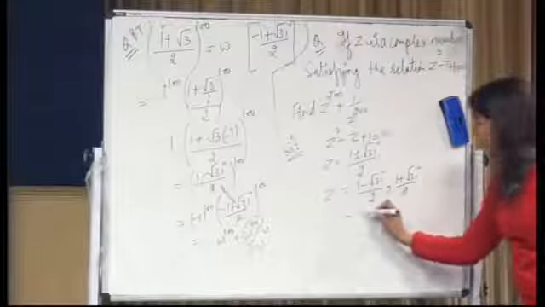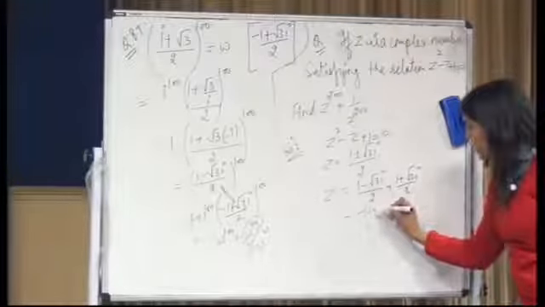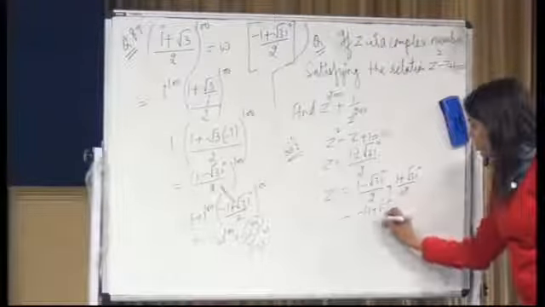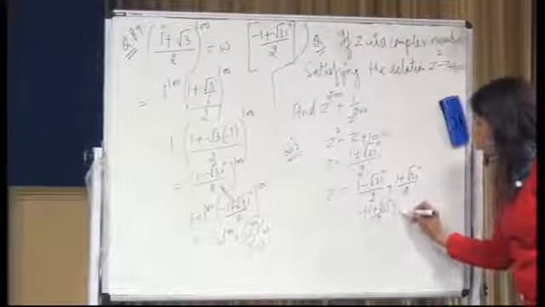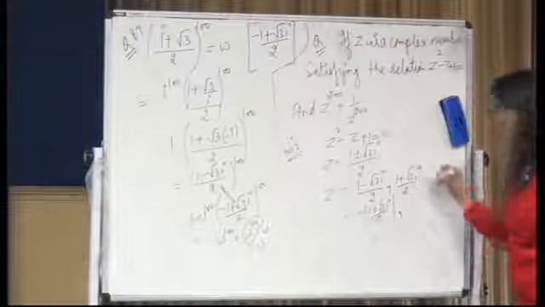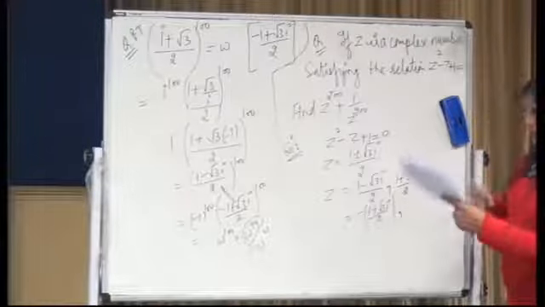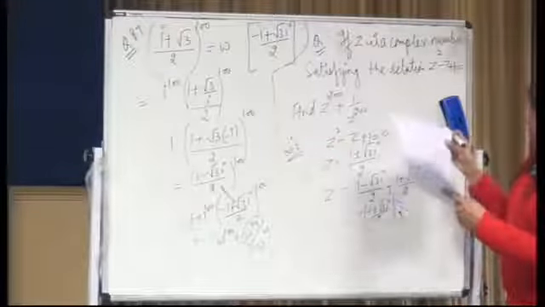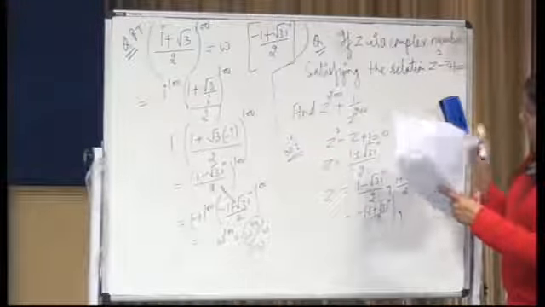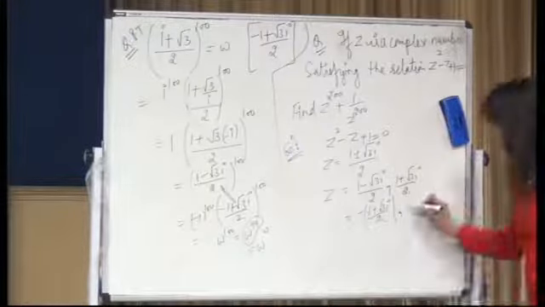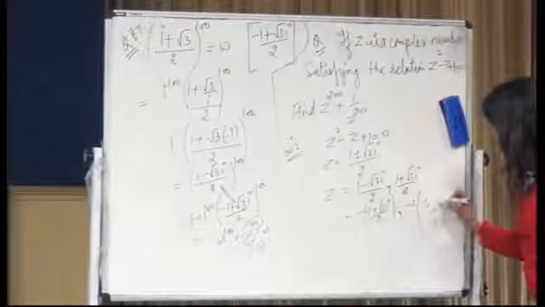Here we have to take out minus common, and we cannot remove this minus. Omega square value was also minus, so I again multiply this by minus.